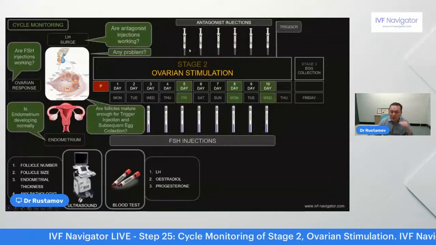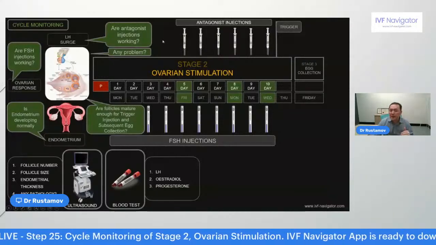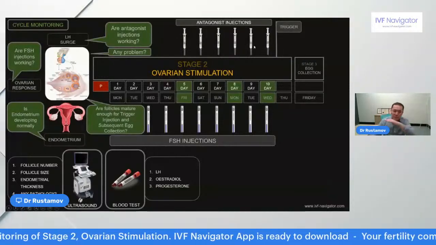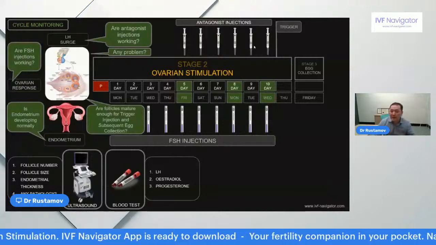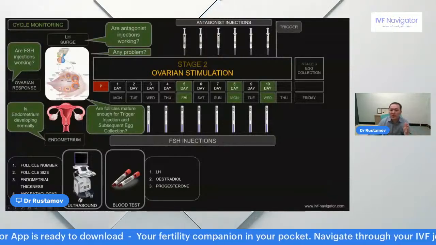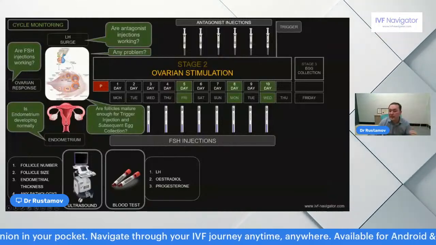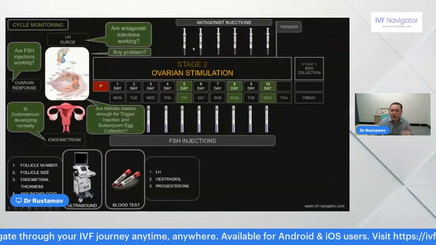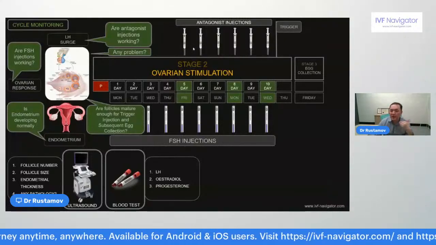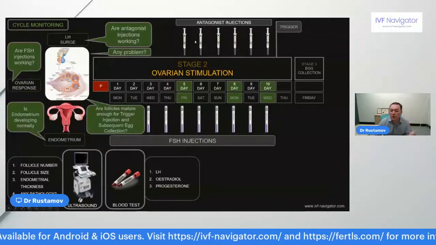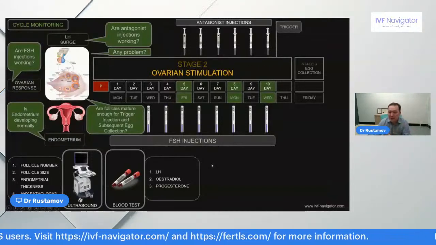If LH is low, that's a good sign, which means the antagonist injection is working. It is suppressing your pituitary gland. If your LH starts surging on day 5, that indicates the antagonist may not be as effective, and we have to check if you are surging and if you are going to ovulate before we do egg collection.